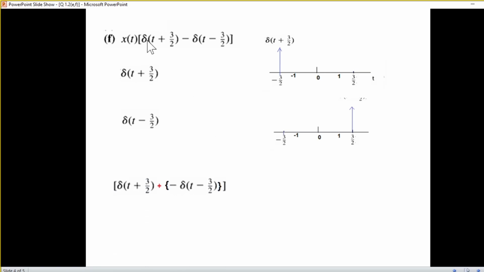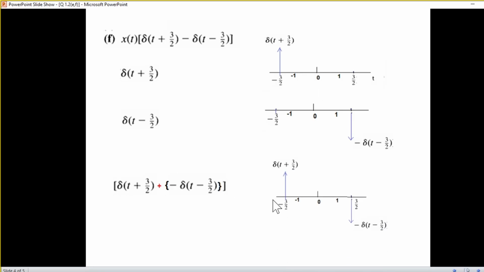But the negative sign we can bring inside, and then use a positive sign so that we can easily add. To do that, we have to plot the negative delta, so we just invert it. So this is negative delta at 3/2. Now we can add these two to get this portion. This is the delta part of this integral.